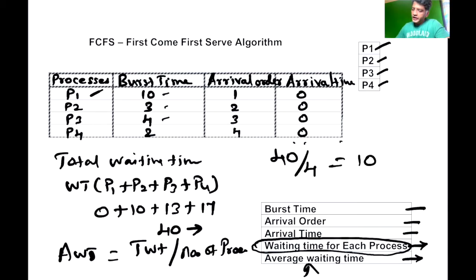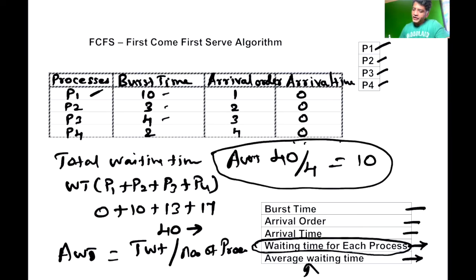So the average waiting time is 10. Fine. So this is how we can calculate the average waiting time for the whole schedule, and at the same time calculate the waiting time for each process. In the next video we'll discuss the shortest job first algorithm.